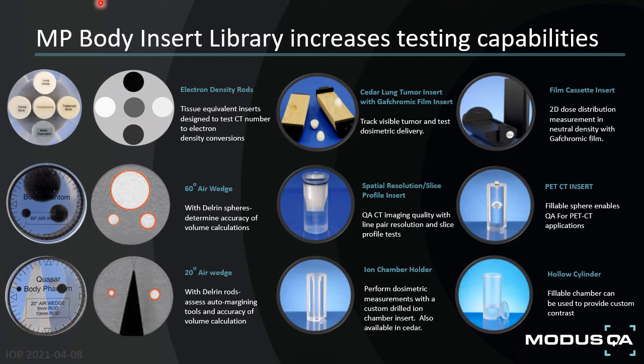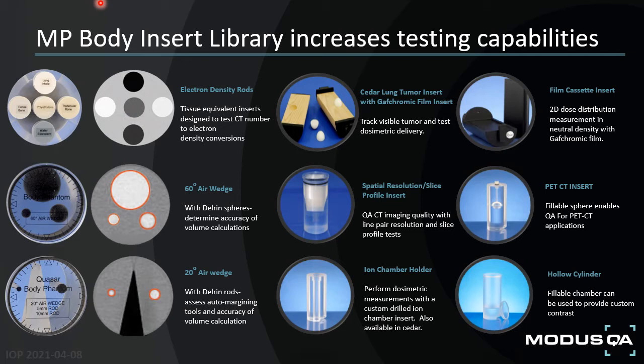So target volume calculation accuracy can also be evaluated with the 20-degree air wedge insert below, but this time since it contains 2 small diameter rods, physicists will be able to determine the volumetric calculation accuracy for a much smaller cylindrical shaped target rather than spherical.